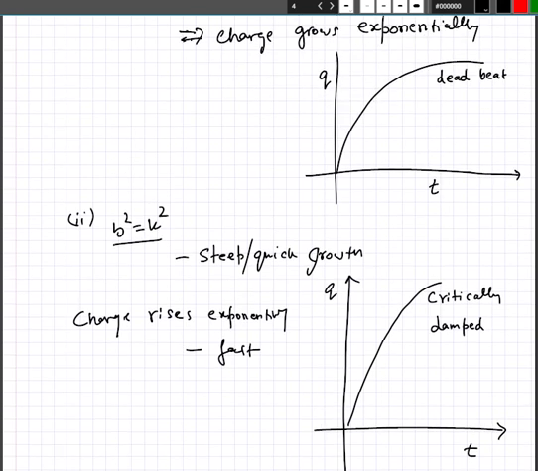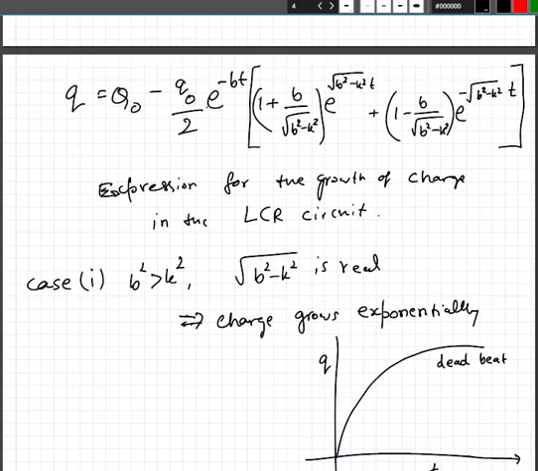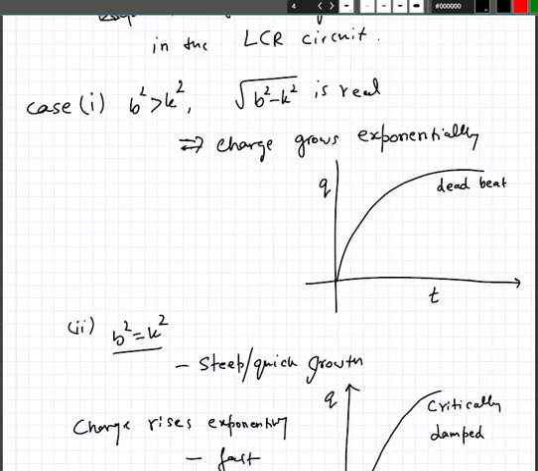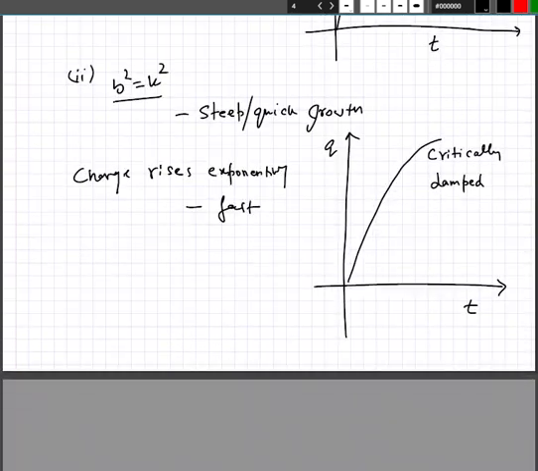You put B square is equal to K square. What happens then is this exponential term in the bracket will be 0. All those terms vanish. So you are left with only Q naught minus Q naught by 2 e to the power minus Bt.